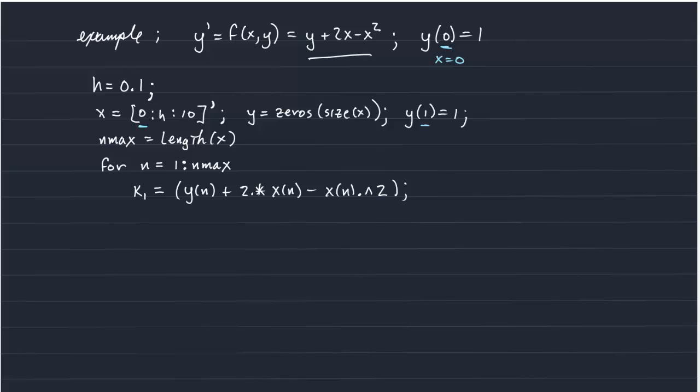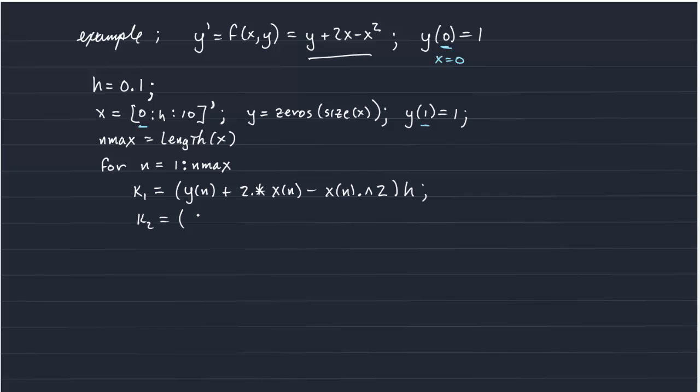Oh, sorry, we have to also multiply by h, and then k2 was the value of the slope at the estimated endpoint.